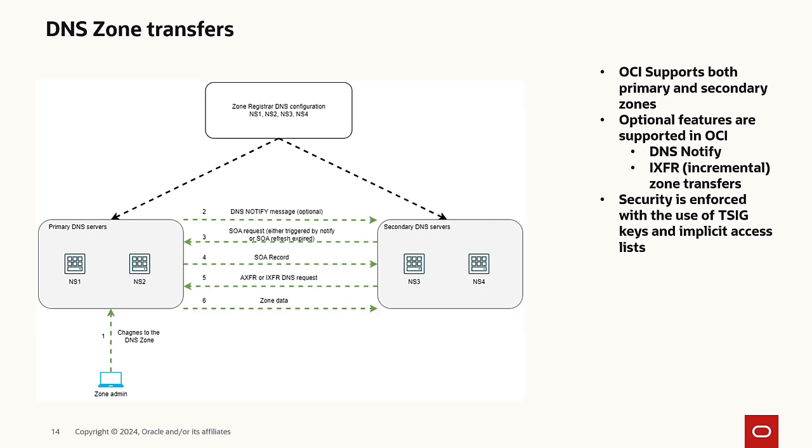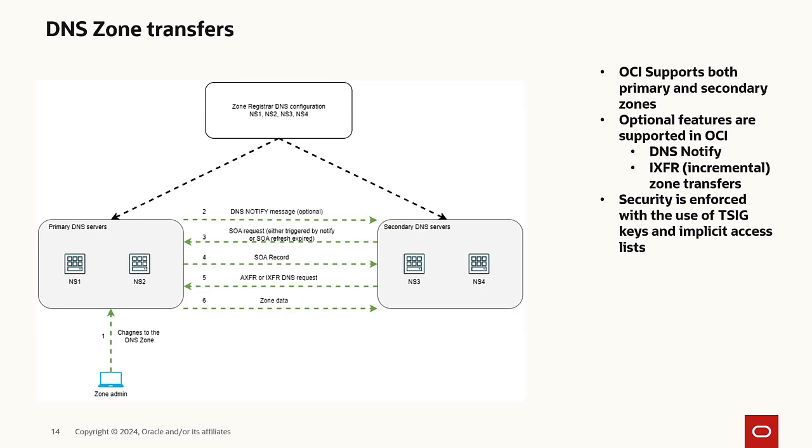And each time you modify a zone, the serial increases, right? So if, let's say, at a given point in time you have a serial of 5, and you go in and you add a record, that serial becomes 6, right? So in this case, the primary zone servers will know what data to send back to the secondary if it's an incremental zone request.